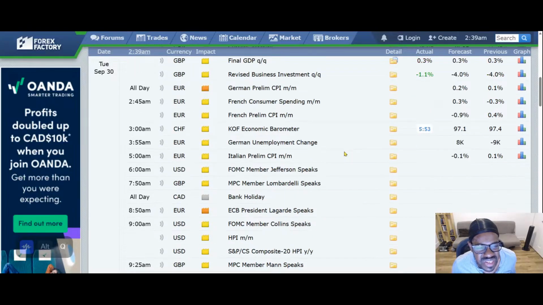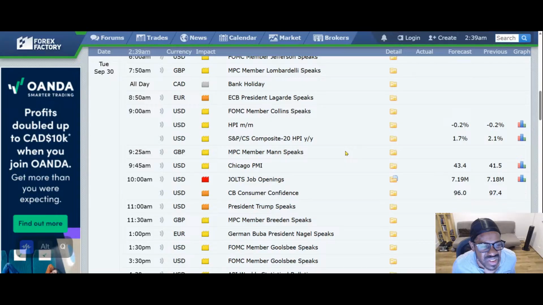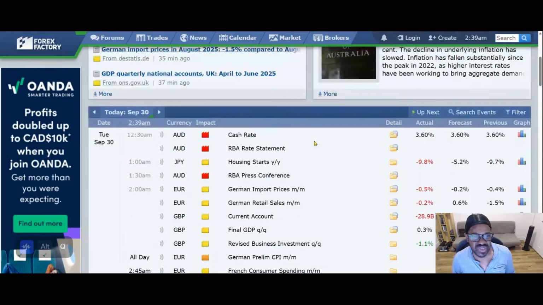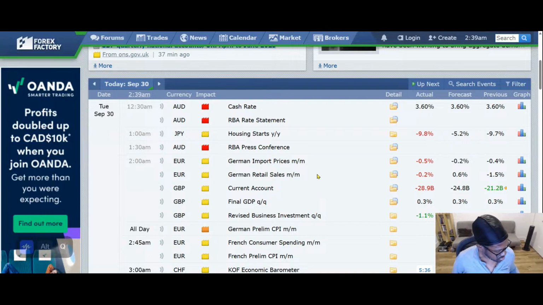But for the rest, no red folders at all. Besides the New York session, we're going to have some news at around 10. So for our session currently, we are good to go. So that's perfect.